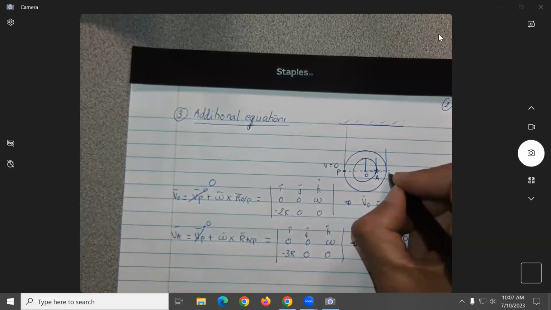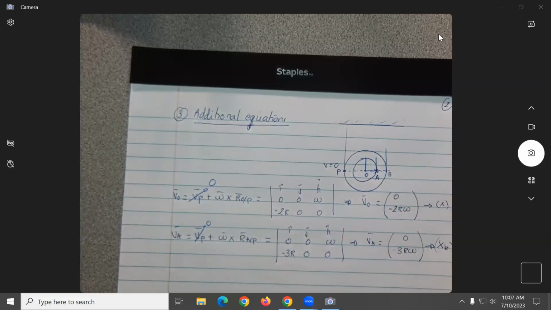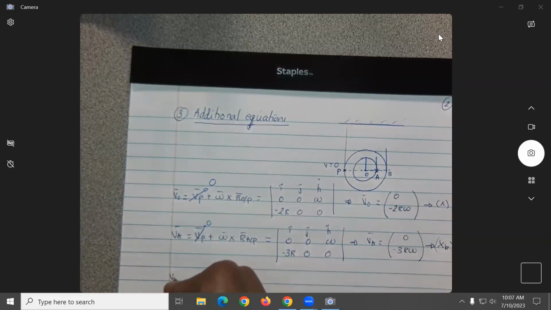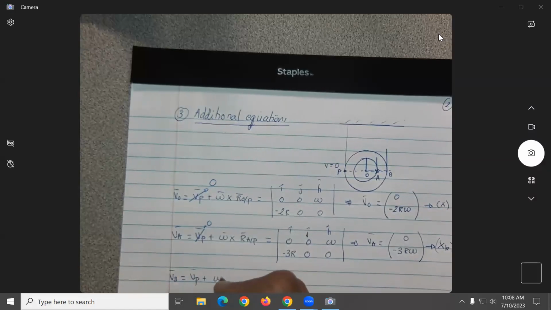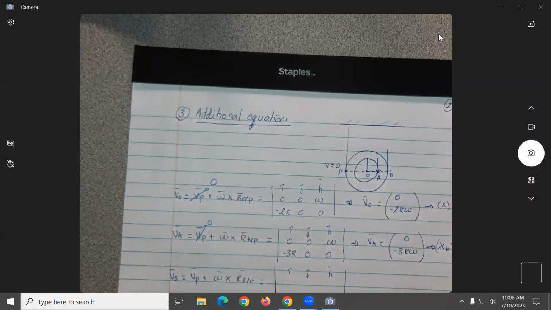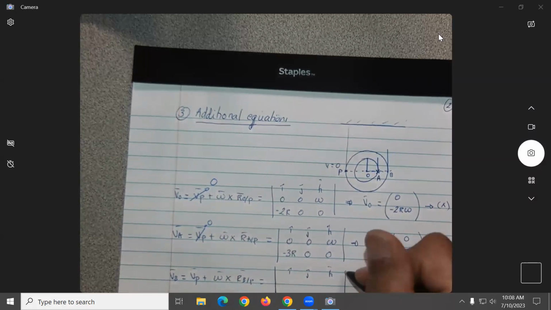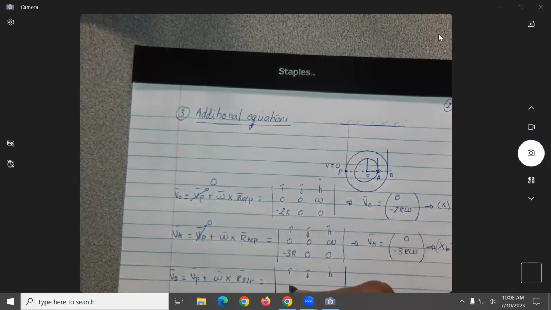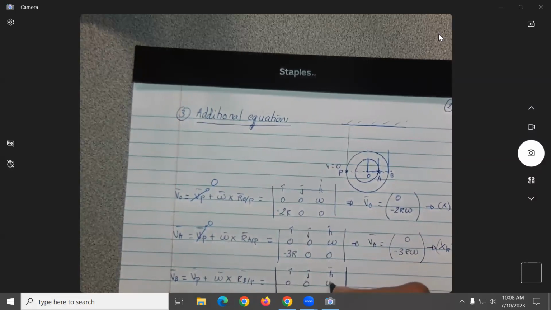Okay, let's go now to the last one, where the damper is, point B. We're going to have VB equal to VP plus omega cross R of B with respect to P. And this will give you the determinant of i, j, k, 0, 0, omega.